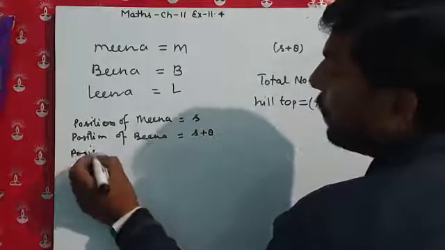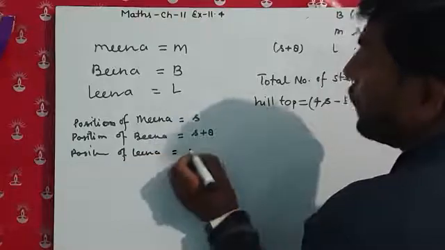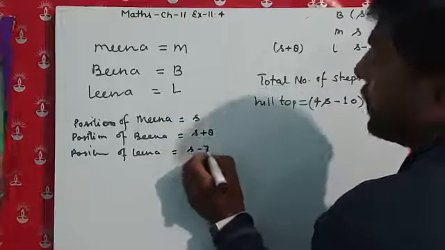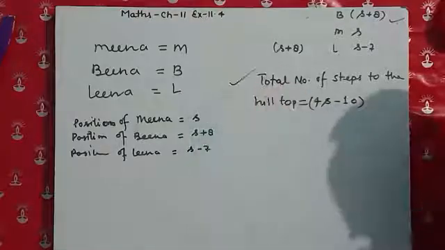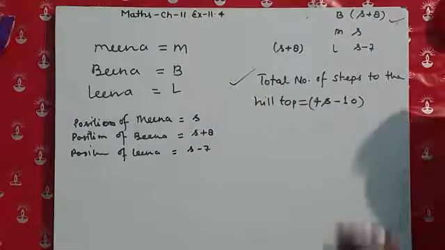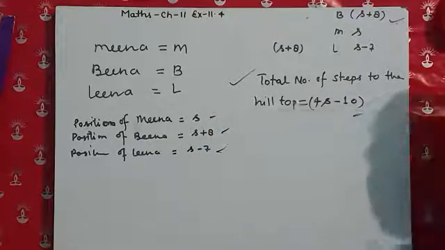Position of Leena will be S minus 7. Now we have all the positions, and the total number of steps to the hilltop is already given in the question. So these all are the answer.